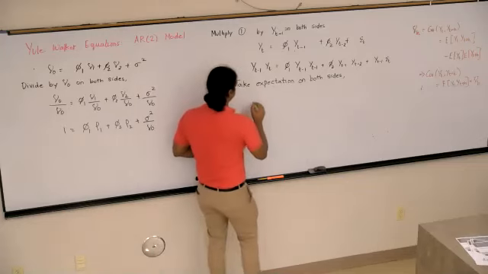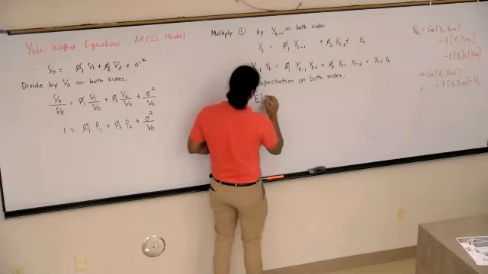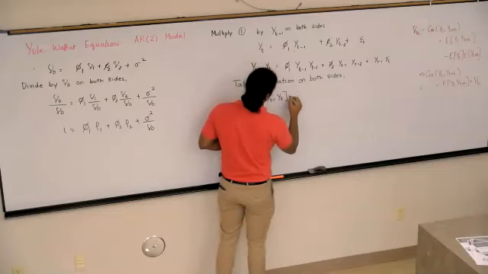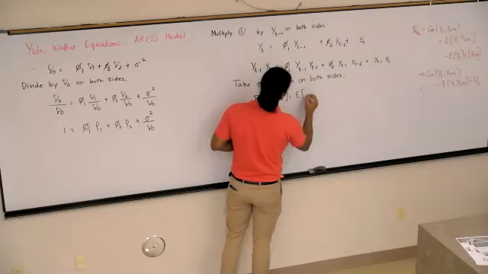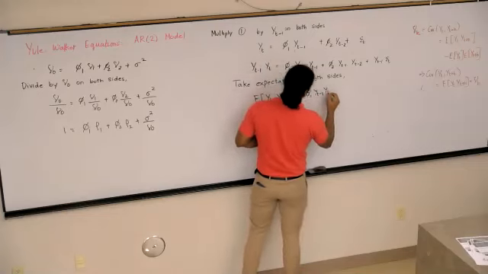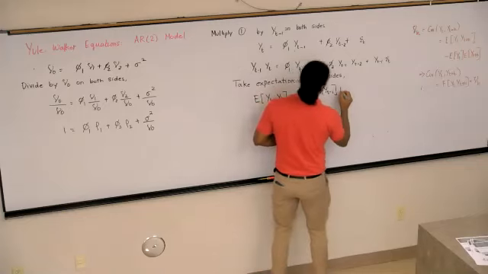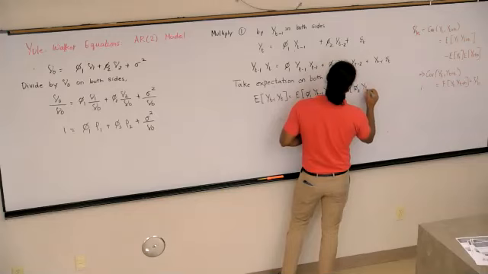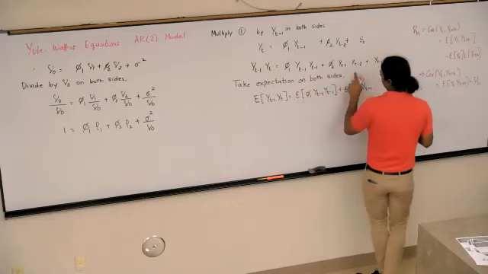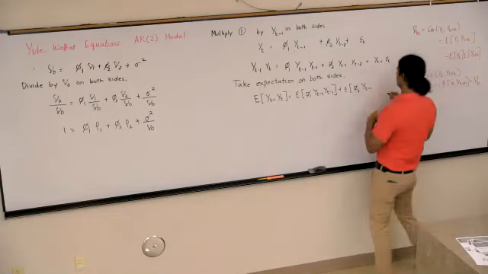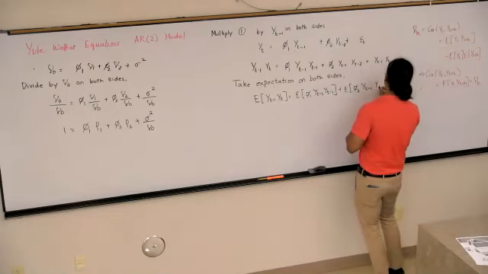So we will have expectation of yt minus 1 yt equals expectation of phi1 yt minus 1 yt minus 1 plus expectation of phi2 yt minus 1, and I am going to rewrite yt minus 2 as yt minus 1 minus 1.